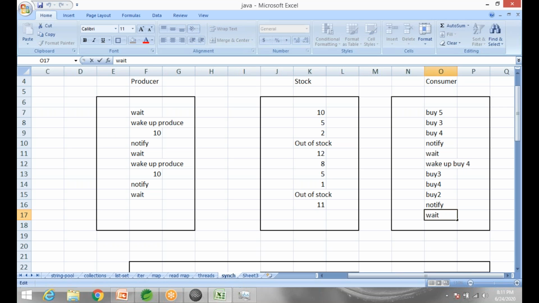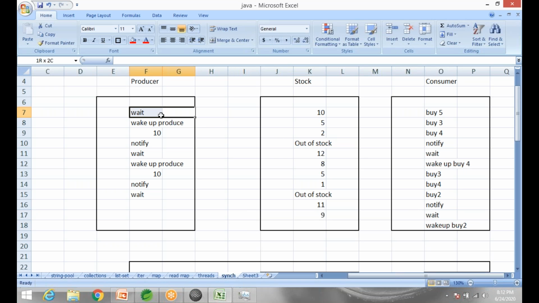Now here, after notify and wait, producer will notify you back. And what do you do? You wake up and you continue with your previous order, that is buy 2. 11 becomes 9.